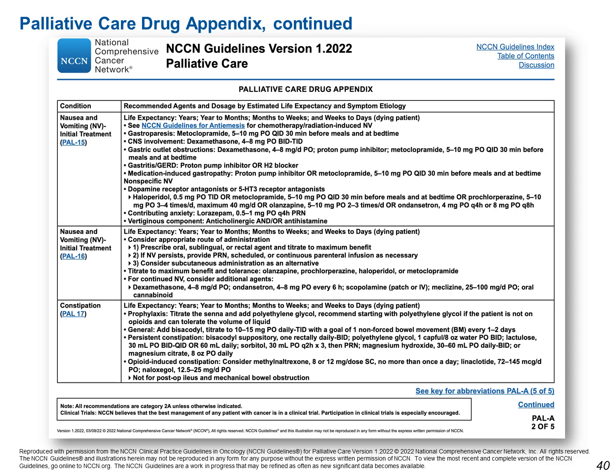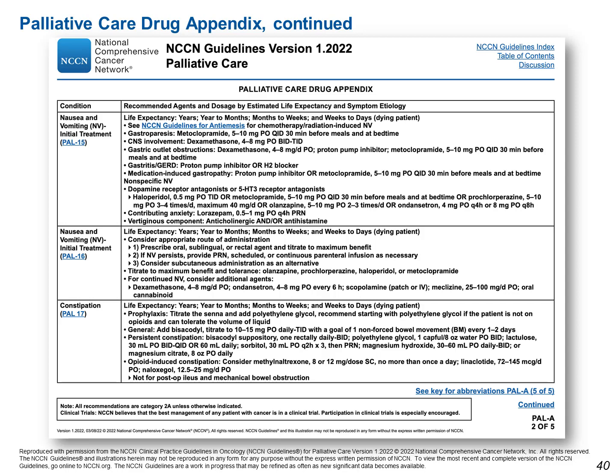If nausea vomiting persists, provide PRN, scheduled or continuous parenteral infusion. Consider subcutaneous administration as an alternative. Titrate to maximum benefit. Consider additional agents like dexamethasone, ondansetron, scopolamine, meclizine.